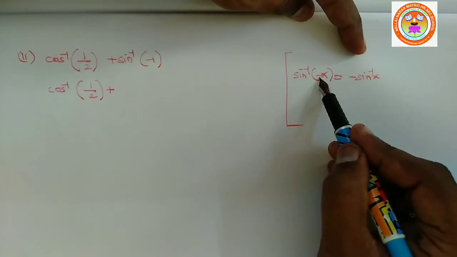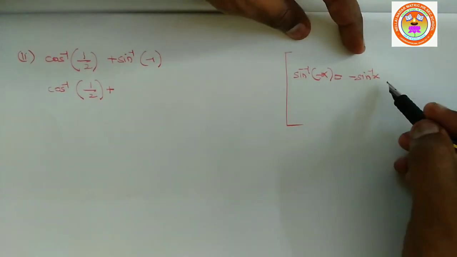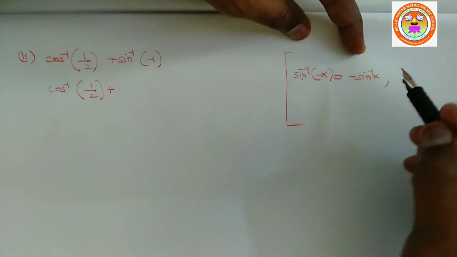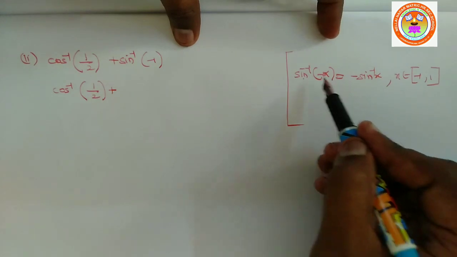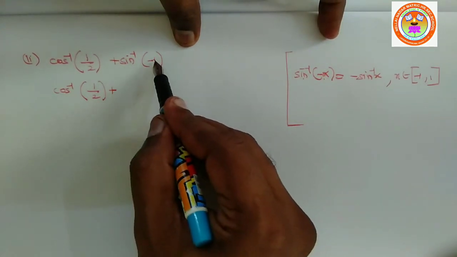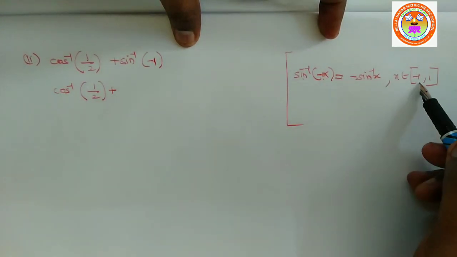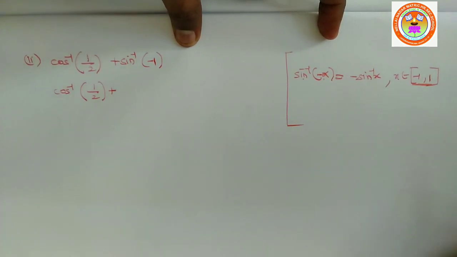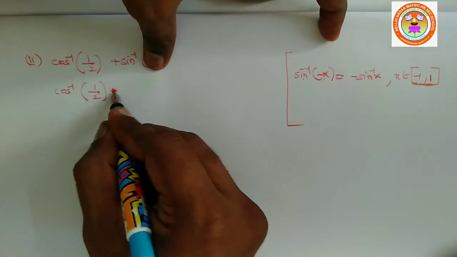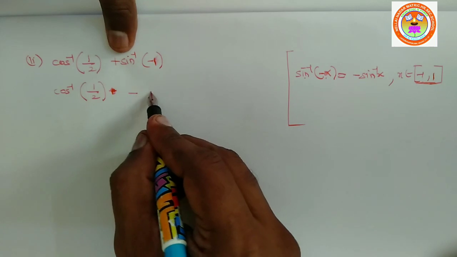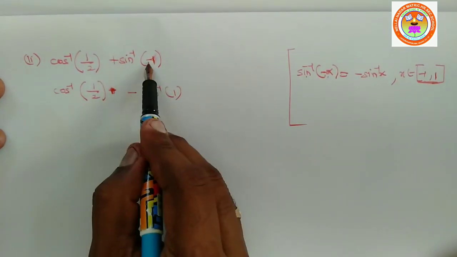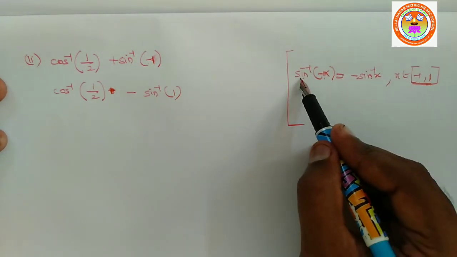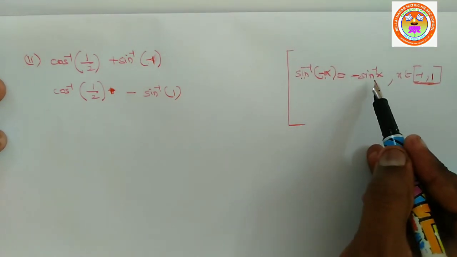Sin inverse is followed by value, so x belongs to minus 1 comma 1. What is the x value? The x value is 1. 1 is present here, no? So no problem. So we can take this plus and put minus sin inverse of 1, because plus into minus is minus. Sin inverse of minus x we can write as minus sin inverse of x.